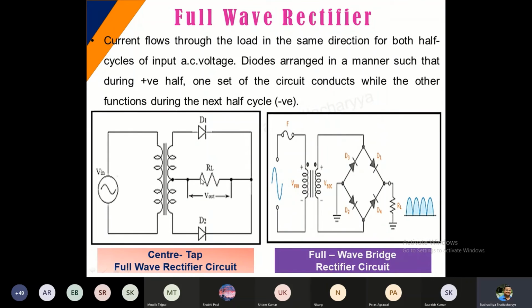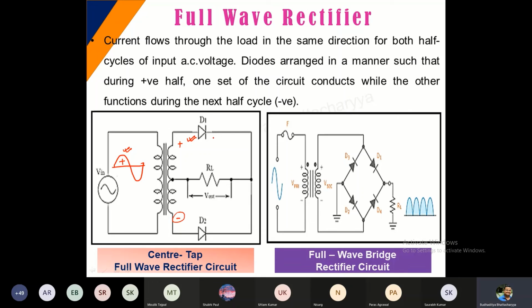So you can see what is happening: this is my positive cycle. So this part will be conducting and this will be reverse biased, because you can observe clearly that this is positive, this is negative, because this cycle has come in like this. Suppose I have the supply, so this plus sign now appears over here. After transformation, this is positive and this is negative.